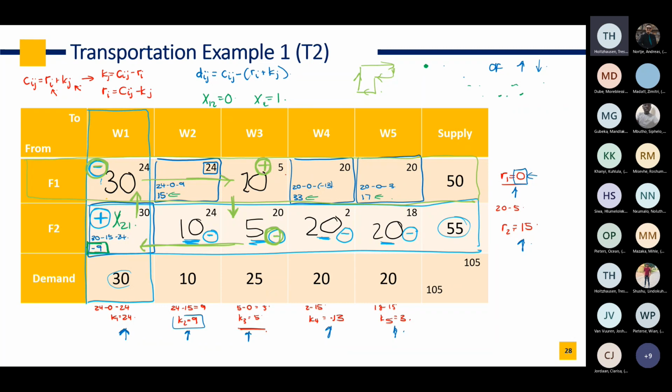Now we need to figure out how much can we actually increase x21 by, so that we still have all these constraints being met. And to do that, we have to look at the negatives, because we're taking away from them, because that's what we have available to us. So what we have available to us to shove into x21 is the 5 and the 30.